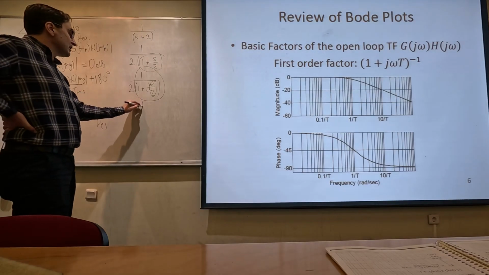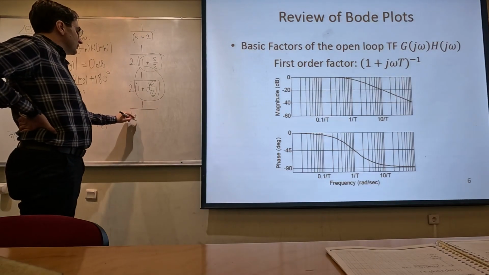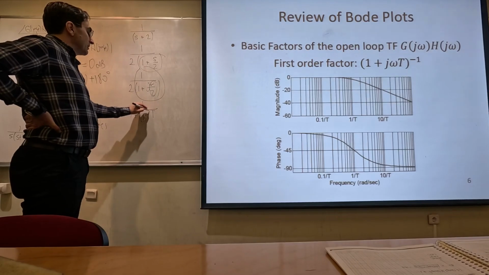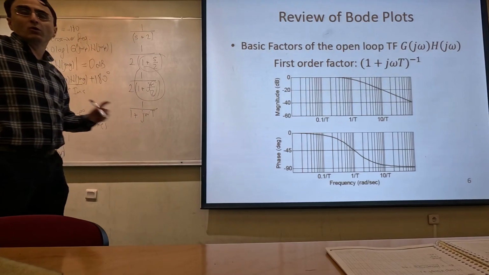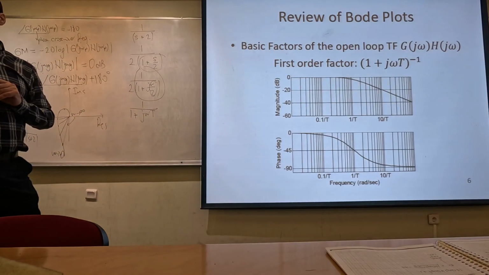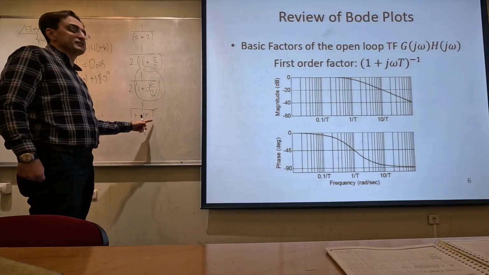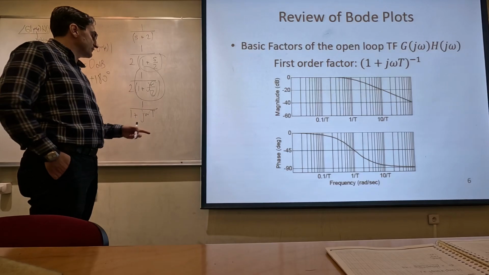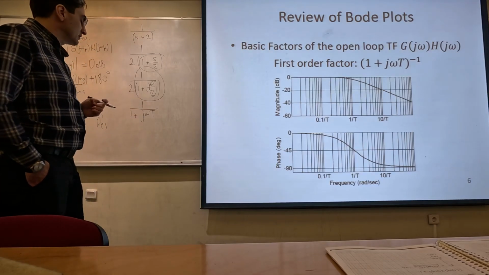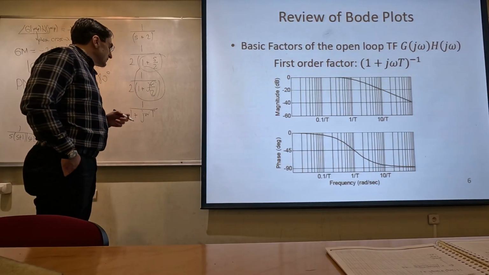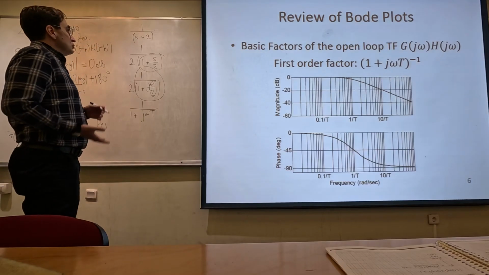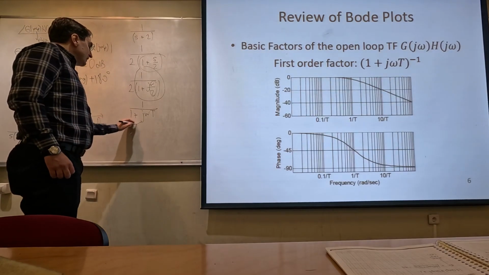In general, these type of terms would be written like this: 1 over 1 plus j omega t. And in this case, what is the corner frequency? 1 over t. So in this case, t is in seconds, and when you take 1 over this thing, you get the corner frequency. So here, you have to be really careful.